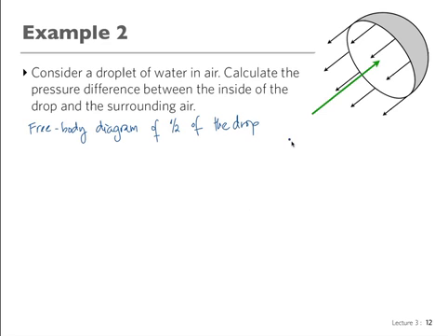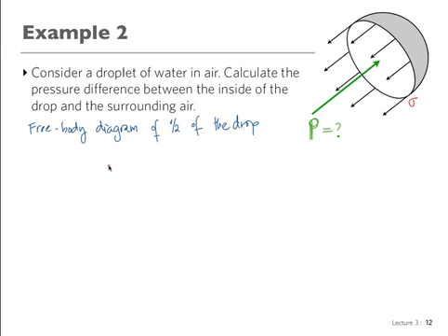Inside the drop, we have a pressure, P, which is the unknown. And all along this interface, we have the action of surface tension. So we have sigma acting all along this line on the interface for this half drop.